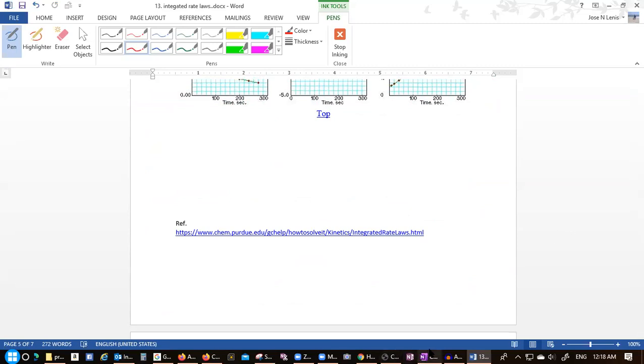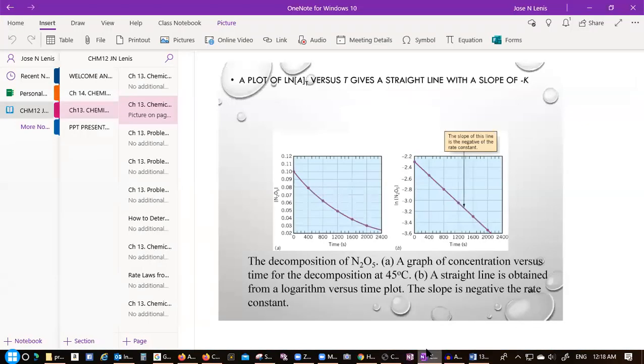Now let me show you the mathematical way. Let's analyze this actual data. This is the decomposition reaction of N2O5. This is an actual experiment conducted at 45 degrees Celsius.